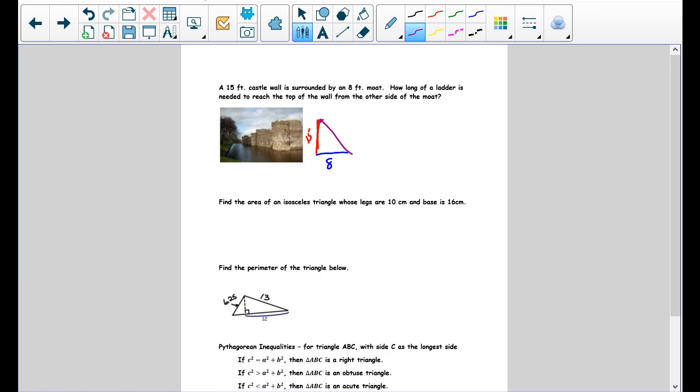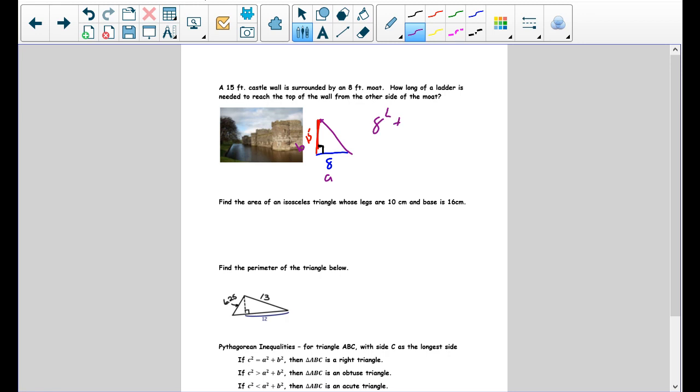So where's my 90-degree angle? Here, where hopefully the castle is built 90 degrees straight up, right? So my 90 degrees is at the castle wall, so 15 and 8. Again, this is the easy one. A and b, it doesn't matter which one.